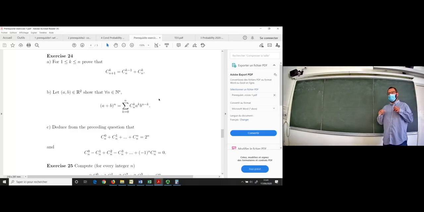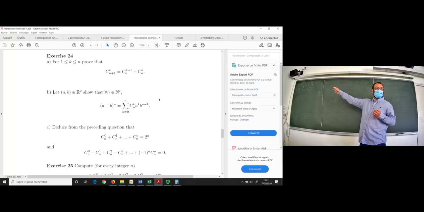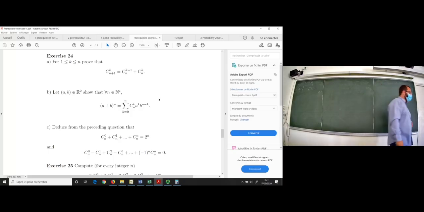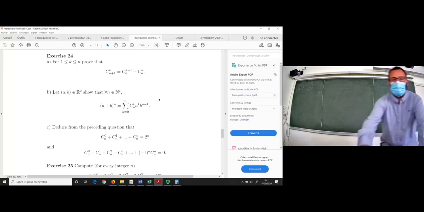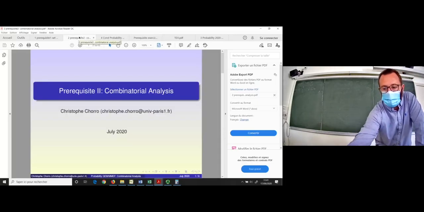You choose k without order and without repetition, meaning all at the same time, for example. The number of possibilities to do this is n factorial over k factorial times (n minus k) factorial. If I come back to my prerequisites, you have everything inside here. I'll show you.